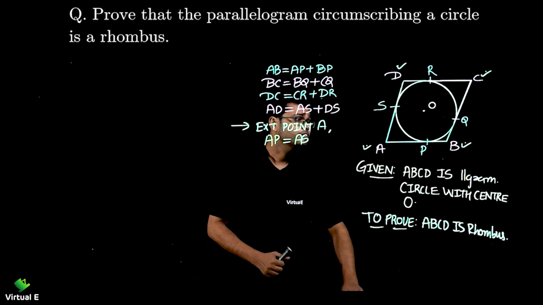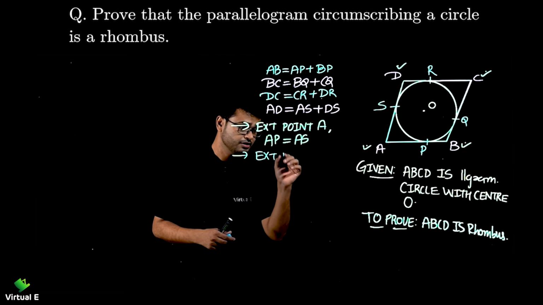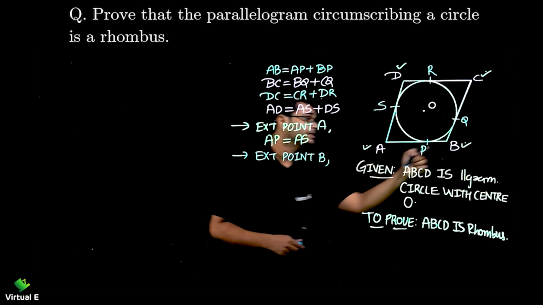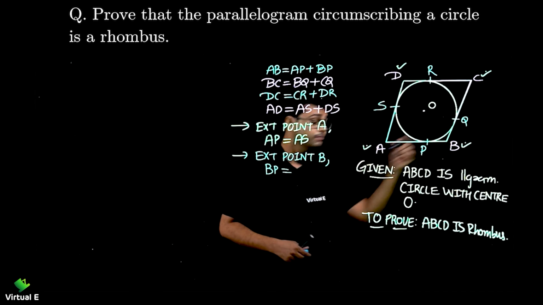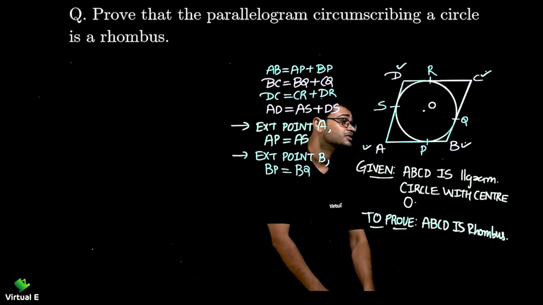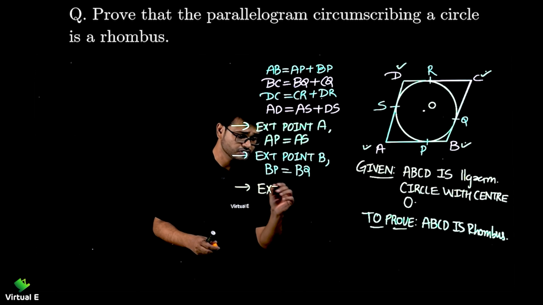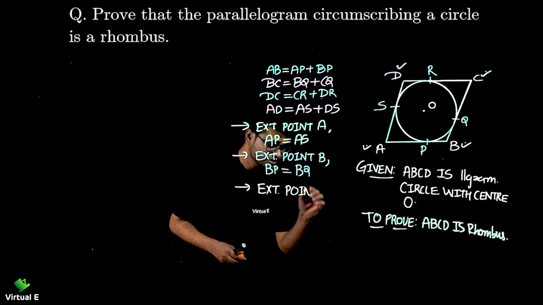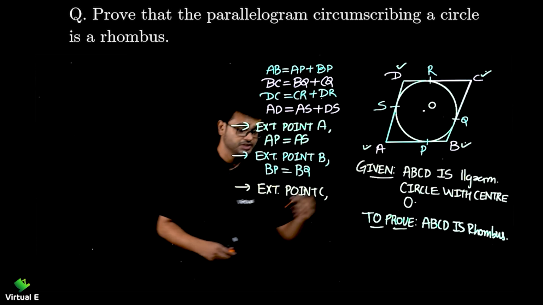Done. Let's write for the second external point, external point B, that is BP. Here BP is equal to BQ. So that's done, right? Let's move to the external point C. You can write for all the 4 points. It's very simple. We are repeating, I think, the 3rd time. So external point C, that is CQ and CR.